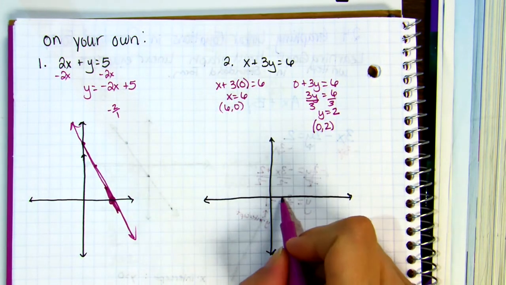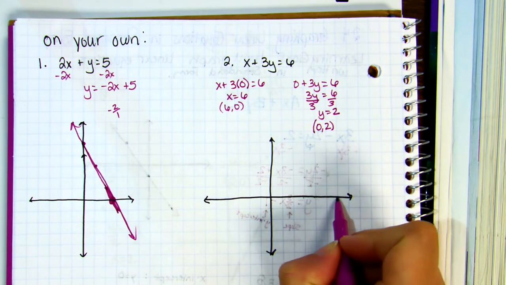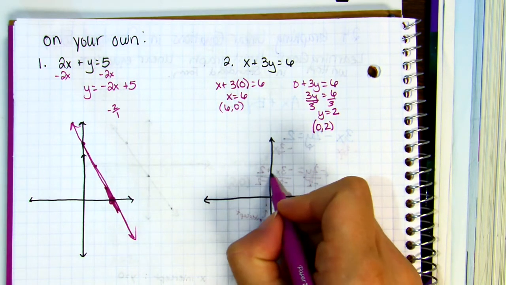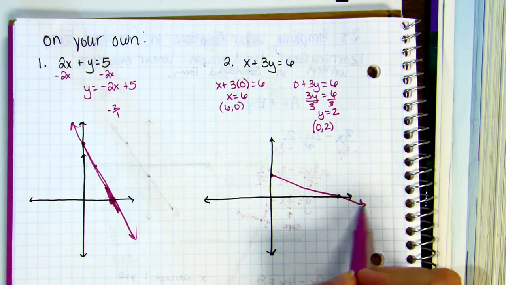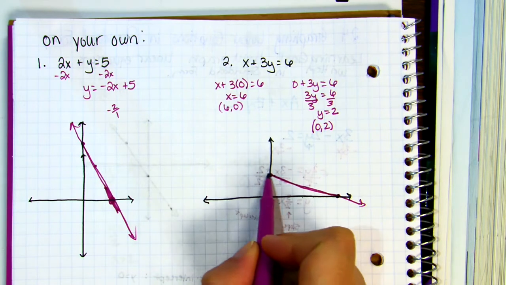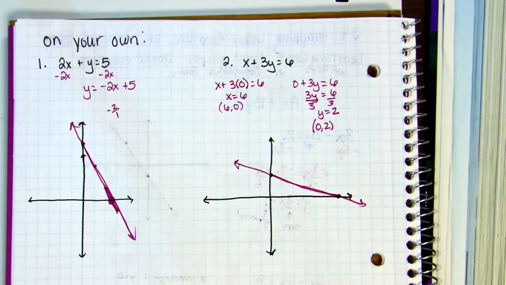Let's graph these. 6, 0, and 0, 2. Again, my line's not especially straight, but that's what my graph would look like.